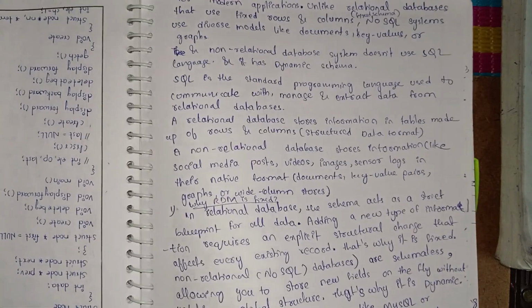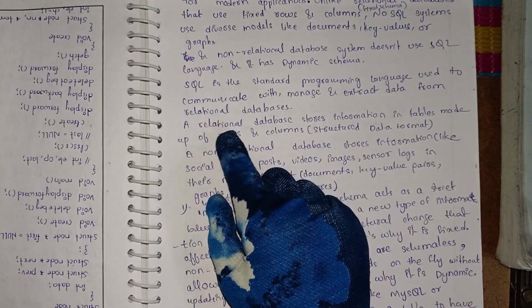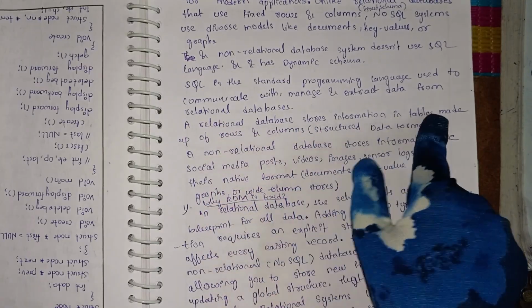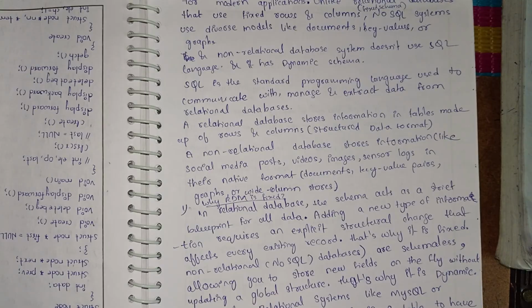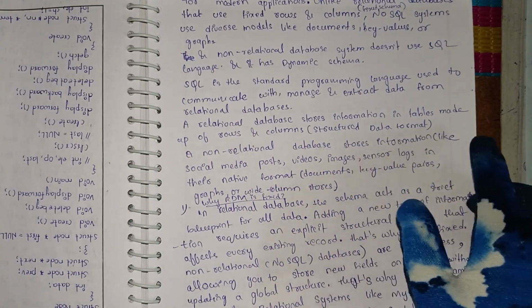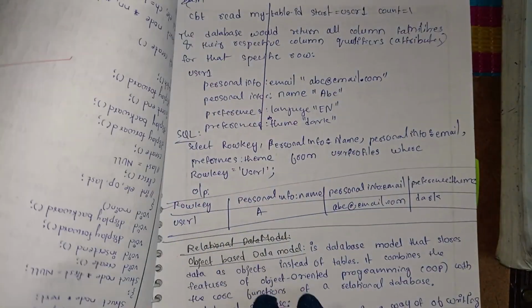A relational database stores information in tables made up of rows and columns in a structured data format.